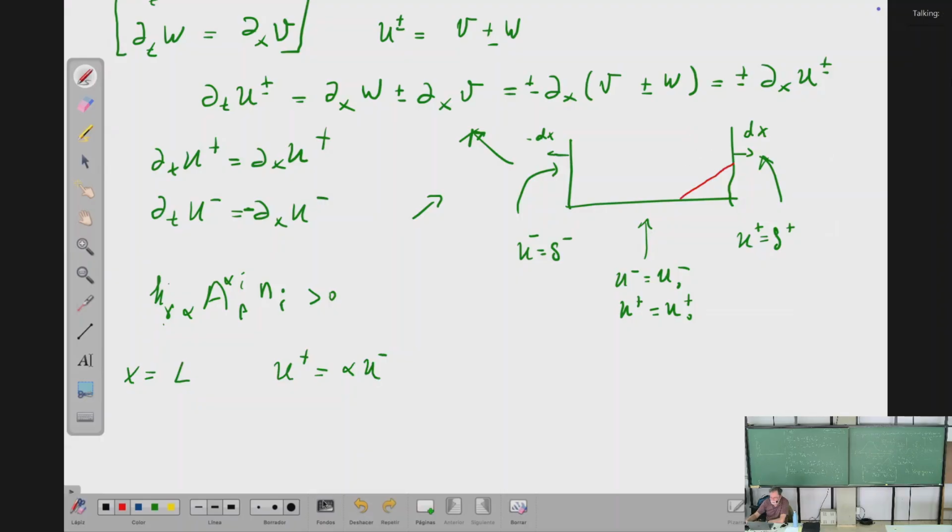Let's use another color. You say, okay, at this point I will reflect the wave, so there will be an incoming wave. Okay? This yellow. So you can put here, if the reflection is total, alpha equal to 1 or minus 1. If the reflection is partial, so that something is going out, I could put here a number smaller than 1, and so here the wave will be smaller. Or I could put in principle something big.